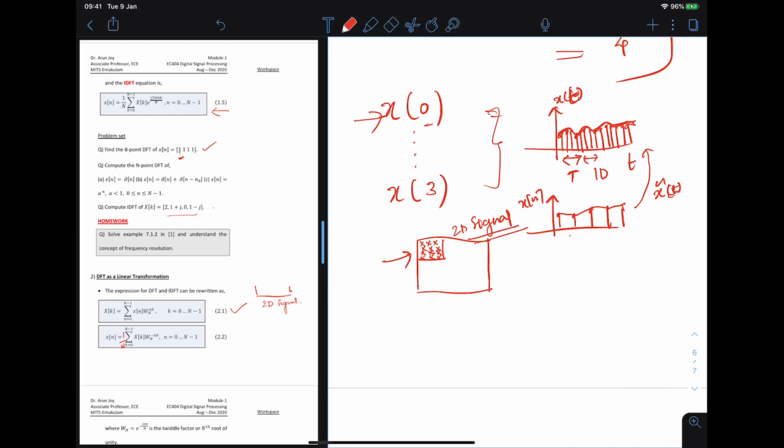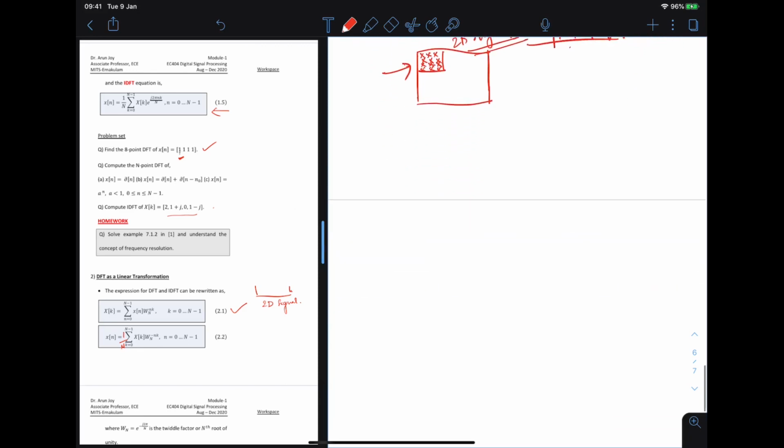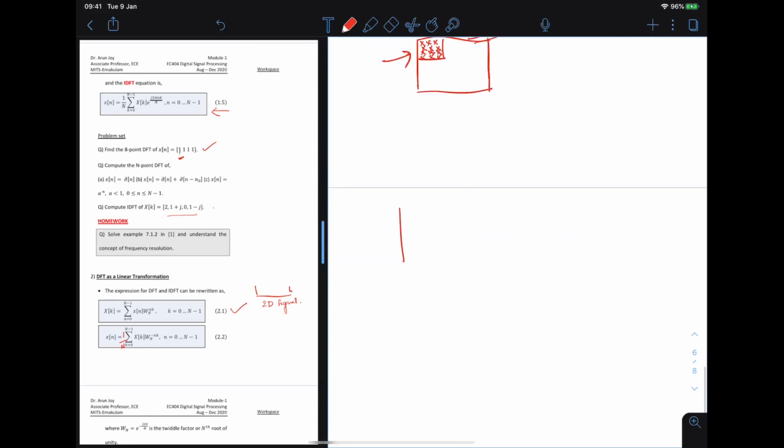Now let us go to the frequency resolution. In DFT, we are told that the DFT is actually the sampled version of your DTFT. So the DTFT is something like this, and the sampled version is something of this sort, with n from 0 to N minus 1.